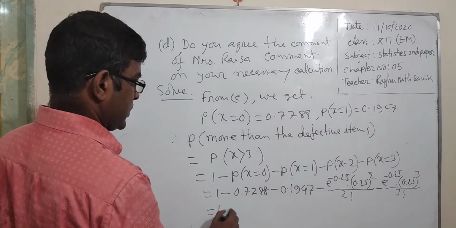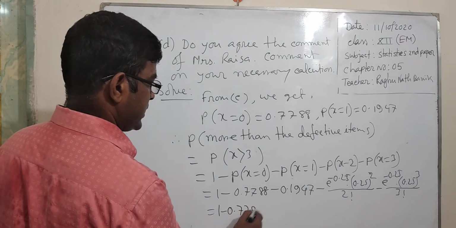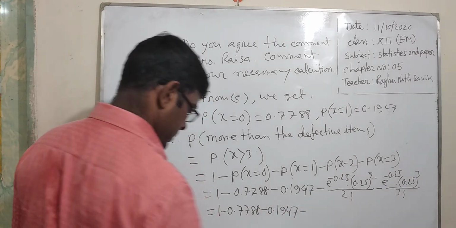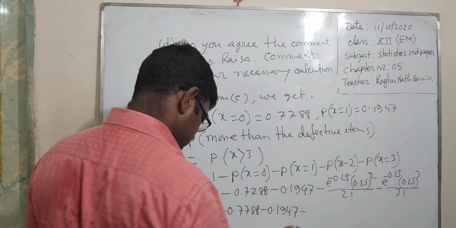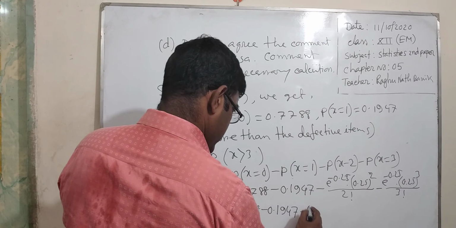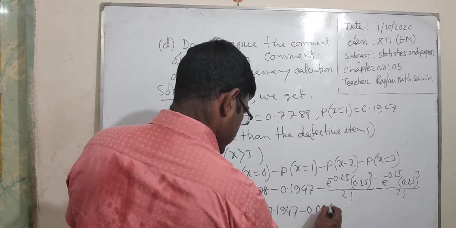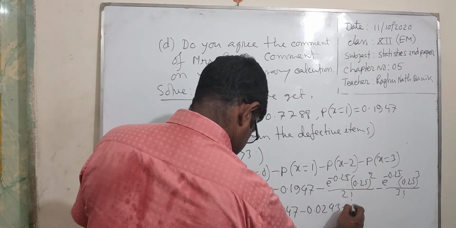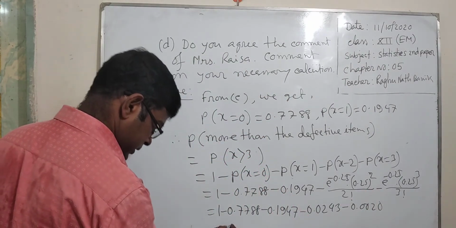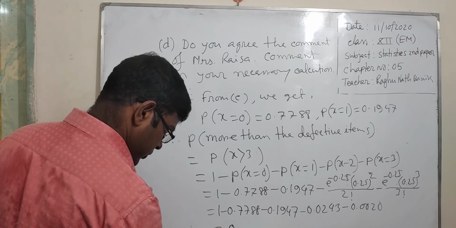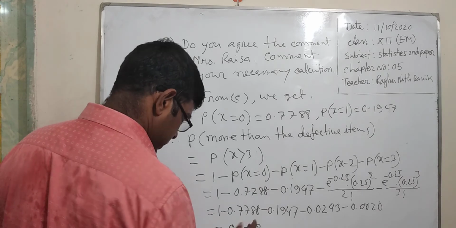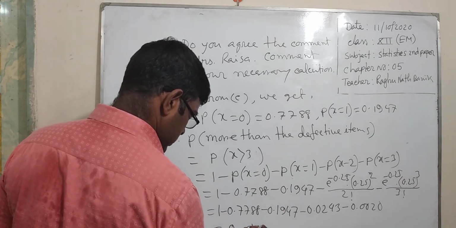That is 1 minus 0.7788 minus 0.1947 minus 0.0243 minus 0.0020. The final result is 0.0002.